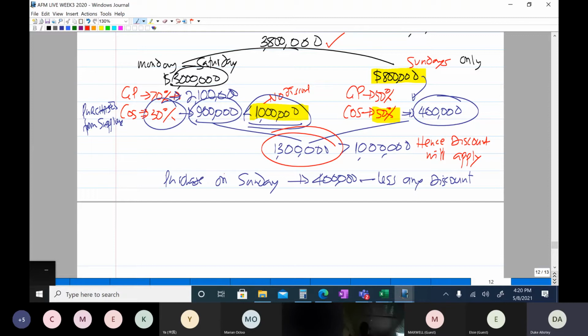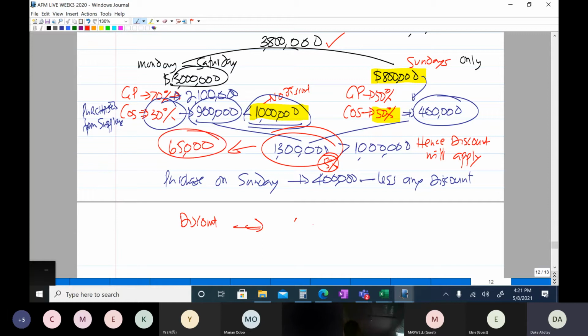So any cost or benefit arising as a direct consequence of the decision to sell on Sundays will be applicable to Sundays. So the discount will work out to be 5% of this, which is 65,000 if you work it out.